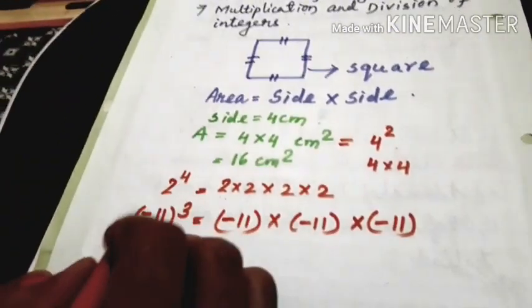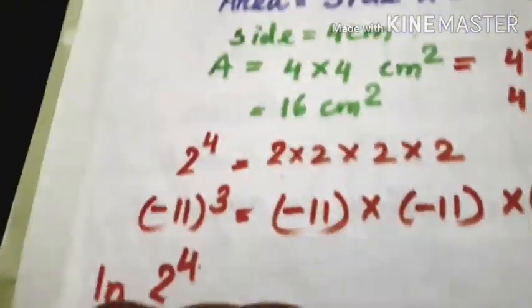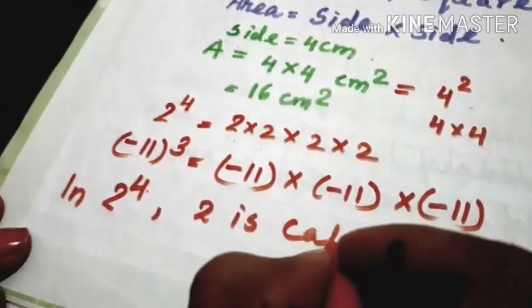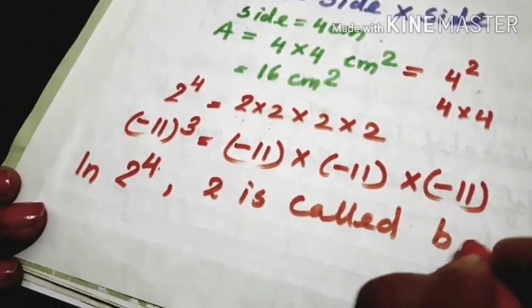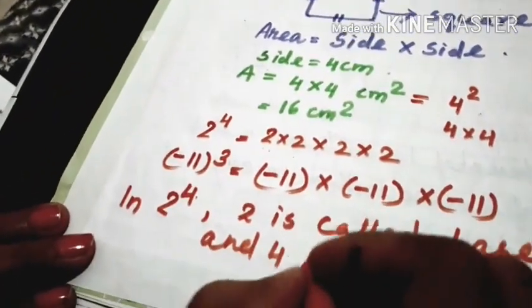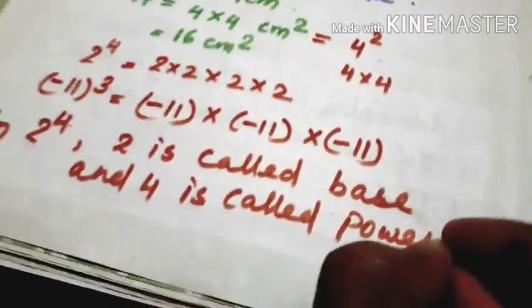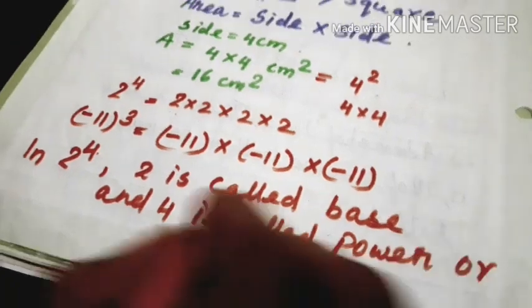Now here, 2 to the power 4. 2 is called the base, and 4 is called the power or exponent.